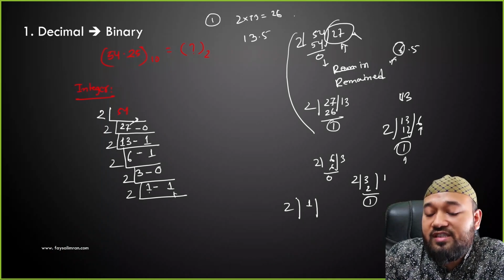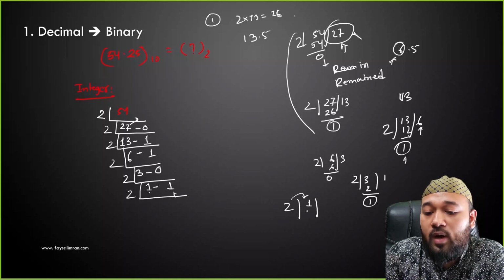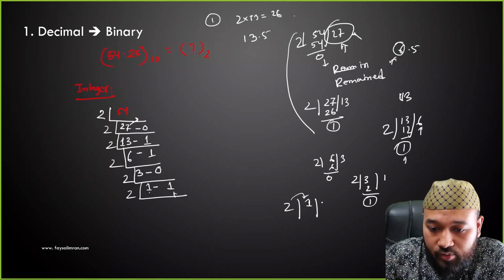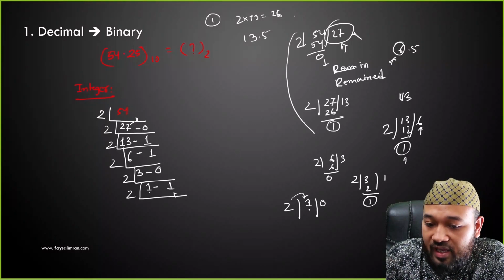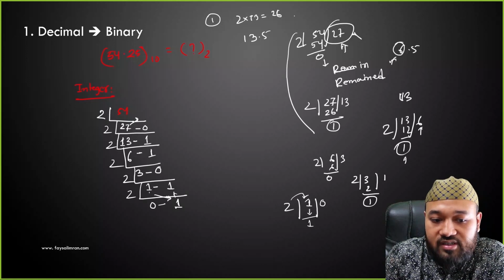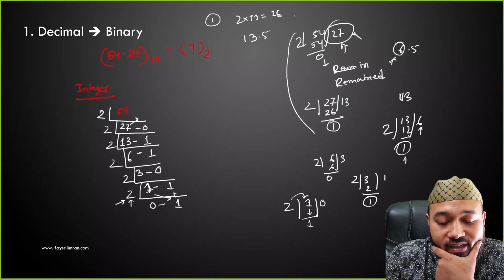We cannot divide this because 1 is smaller than 2, so the division result is 0, and 1 is our remainder.